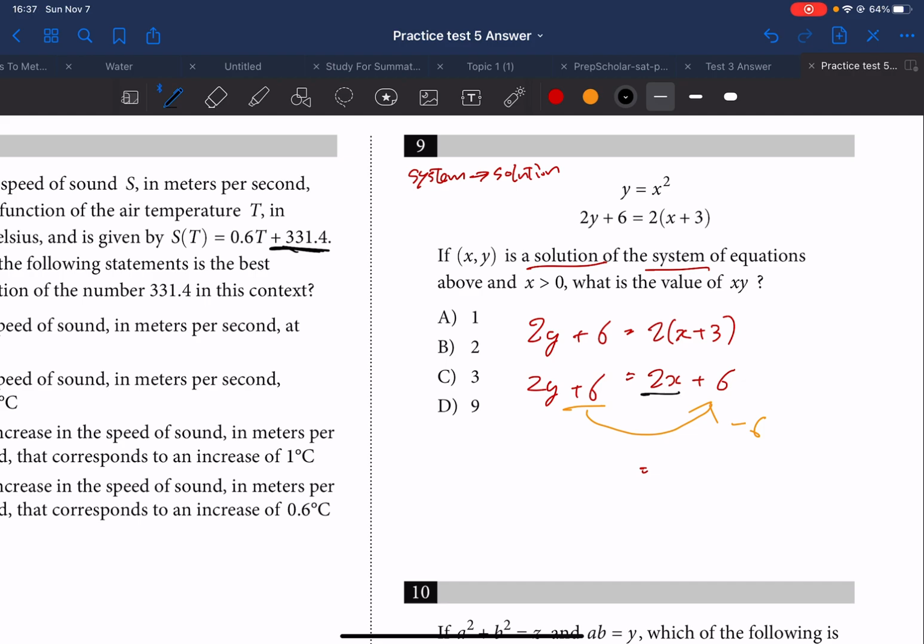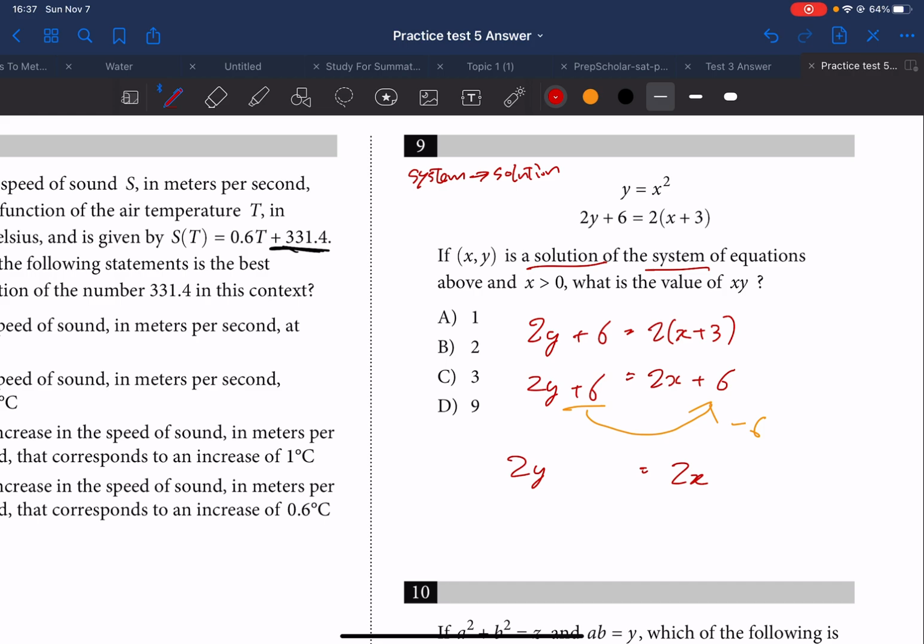Let's bring this 2x to the left side. I mean, let's stay right here. Now we have 2y, and since we brought positive 6 to the right side and it becomes a negative 6, this plus 6 minus 6 becomes 0, and then we have 2x. Now we have 2y equals 2x.